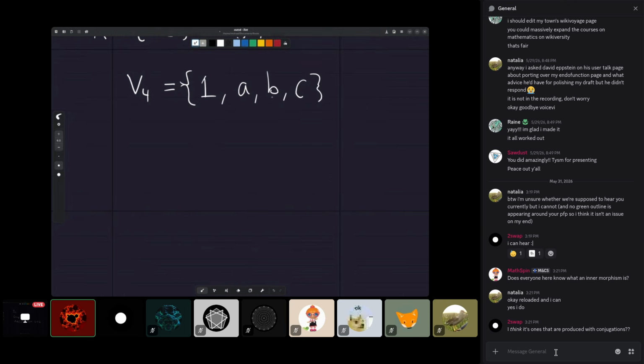These have all got order 2. And so you might have seen it as 2 C2s, a direct product of 2 C2s, where C2 is the cyclic group of order 2. And so we've got a squared equals b squared equals c squared equals 1, the identity element. So hopefully we know what group we're talking about here.